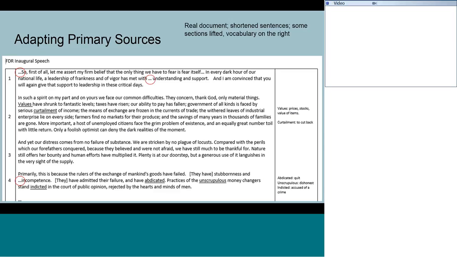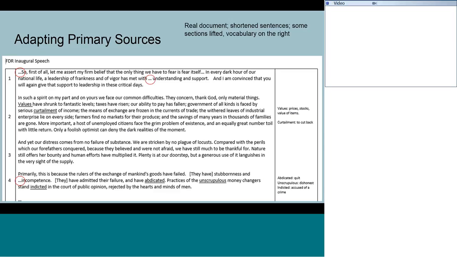Here is a section of the inaugural address, and you'll notice that it is a real document, but to make it accessible to 8th graders, what I've had to do, since originally this was on an 11th grade level according to Flesch-Kincaid, is shorten some of the sentences and lift out some sections.